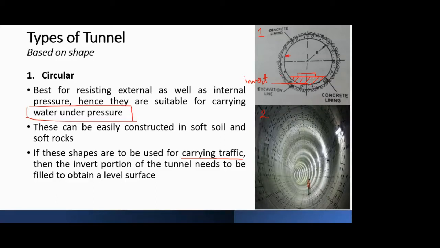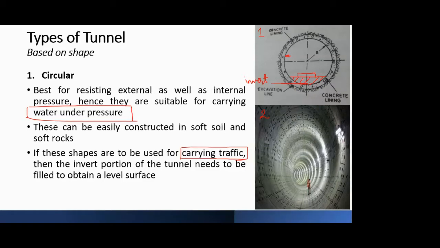So that is the only thing that you have to take care of while designing or deciding the size of your tunnel. Now suppose you are the designer and you are supposed to decide the size of the tunnel, and you should be very clear that you are going to use this tunnel for a highway or a railway.